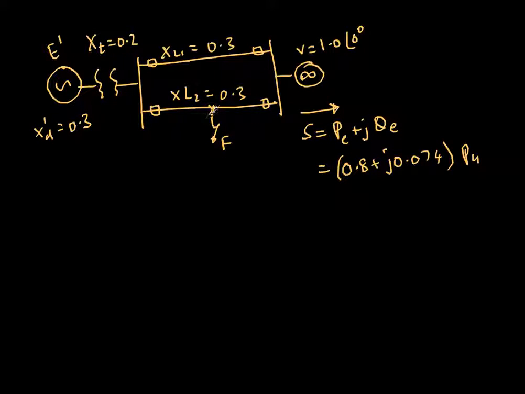The question that is asked is, there is a fault at the midpoint of this particular transmission line. So prior to the fault, there is a steady power flow of this much, and then there is a fault which is occurring, and due to this fault there will be a reduction in the power flow limit.